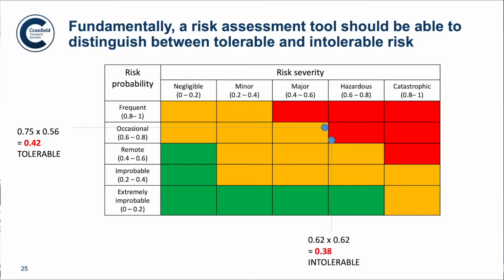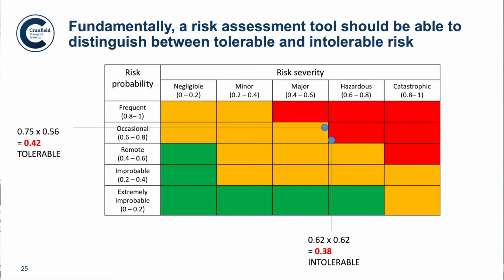If we rate this other risk as, say, 0.62 in terms of severity and 0.62 in terms of probability, that gives us an overall score of 0.38, which is less than the previous one. However, this time, this is classed as red, that is intolerable. So what we have here is a risk that we've assessed using a risk matrix, where the actual overall risk for one of them is higher, but it's being classed as tolerable, whereas the lower risk is classed as intolerable.